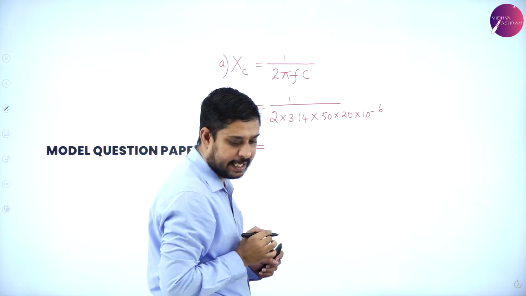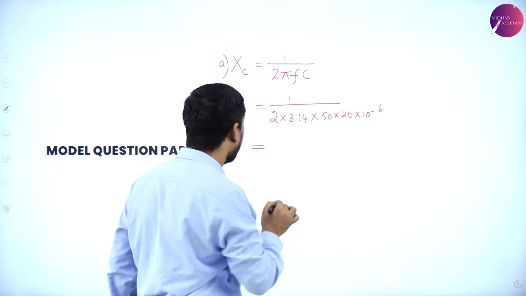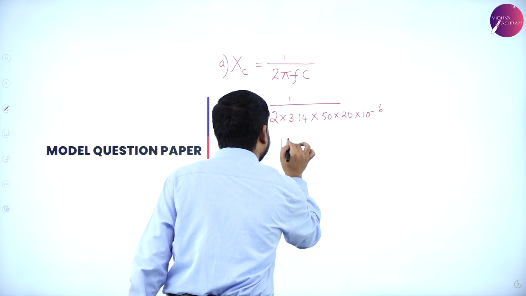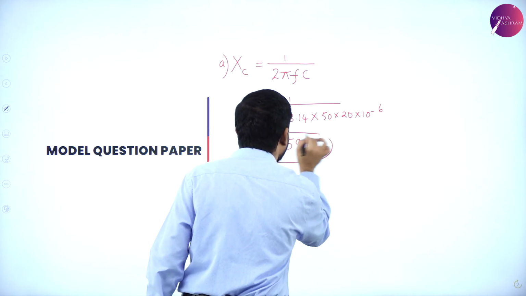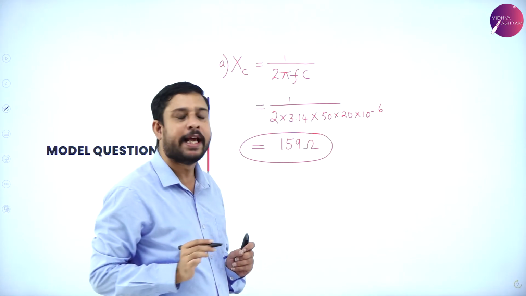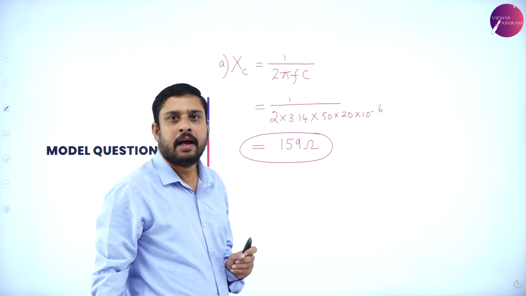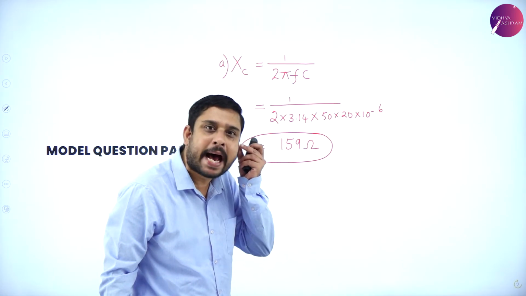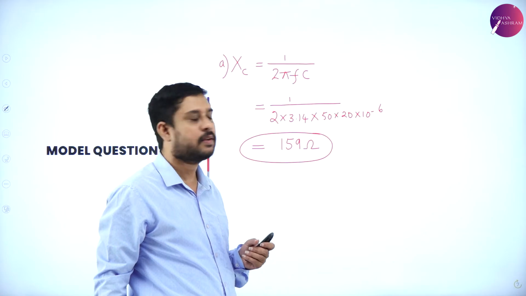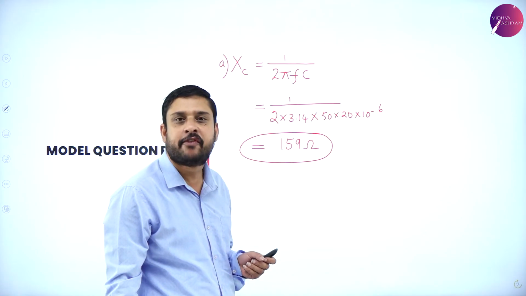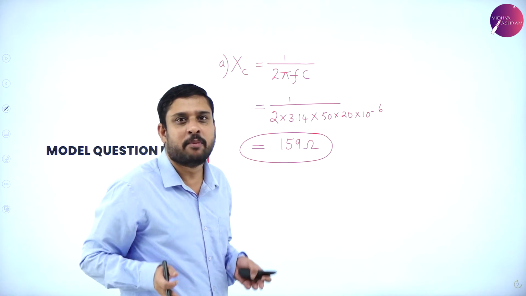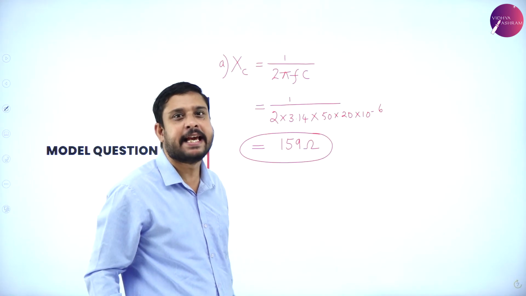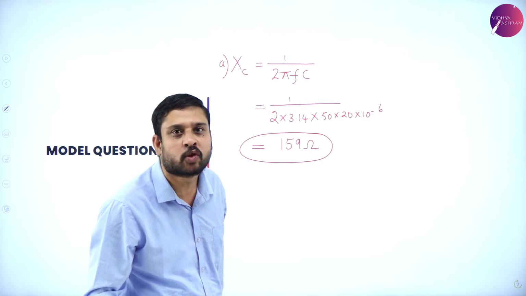So this turns out to be 159 ohms. So as the first part of the calculation, I have got the capacitive reactance, which is 159 ohms.